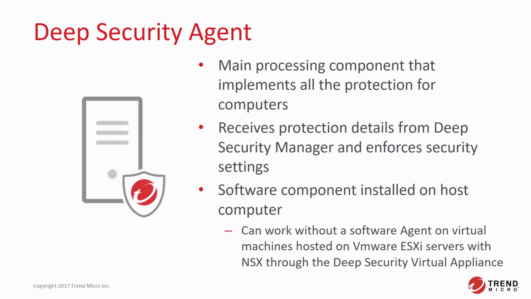Deep Security agents are the main processing component in Deep Security that implements all the protection technologies for the computers. This includes host intrusion prevention system functionality using the firewall, application control, and intrusion prevention protection modules, host intrusion detection system functionality with integrity monitoring and log inspection protection modules, as well as the anti-malware functionality with the anti-malware and web reputation protection modules.